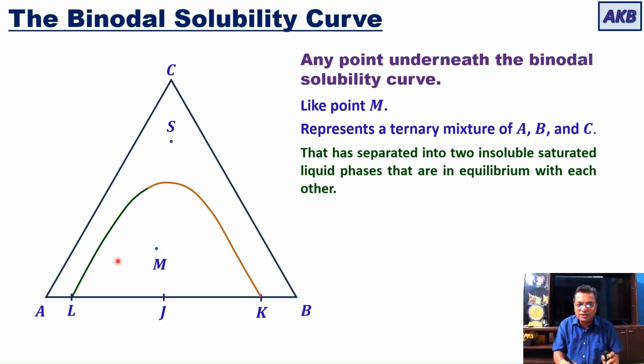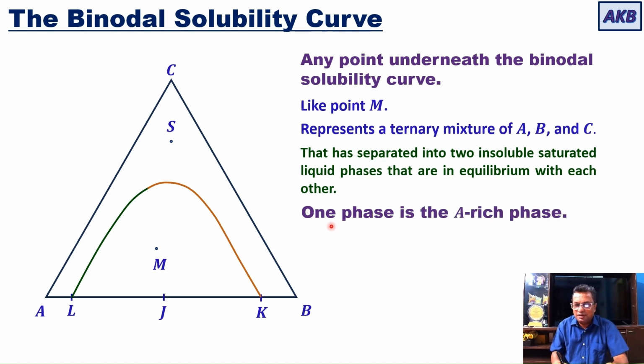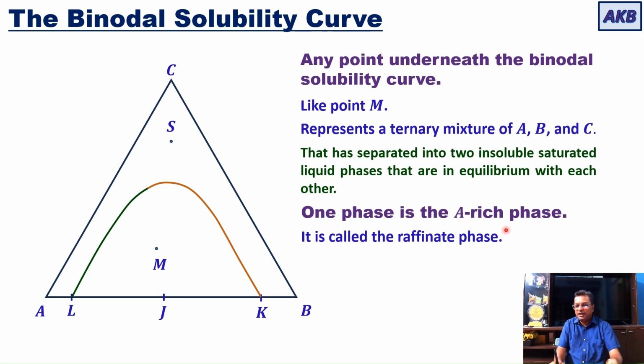That is, every point beneath the binodal solubility curve will be representing a two-phase ternary mixture. The two phases will be in equilibrium with each other. Out of the two phases, one phase is the A rich phase, and we call that the raffinate phase. So one phase at point M will be the A rich phase.